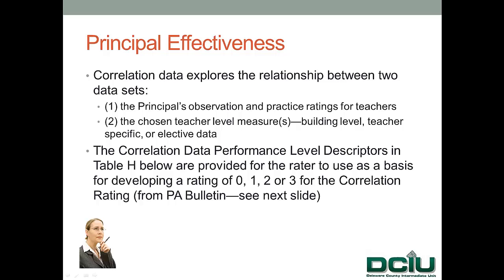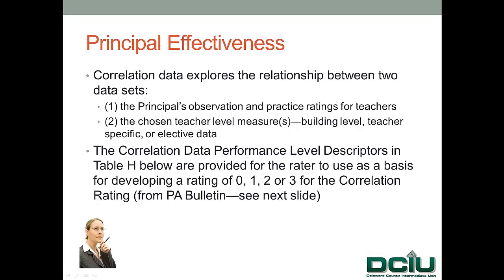So what exactly does correlation data do? Correlation data explores the relationship between 2 different data sets. The first one is the principal's observation and practice ratings for teachers, the purple side. So how the principal rates teachers through observation and practice ratings. The relationship portion comes in with looking at those observation and practice ratings as compared to the chosen teacher level measures.